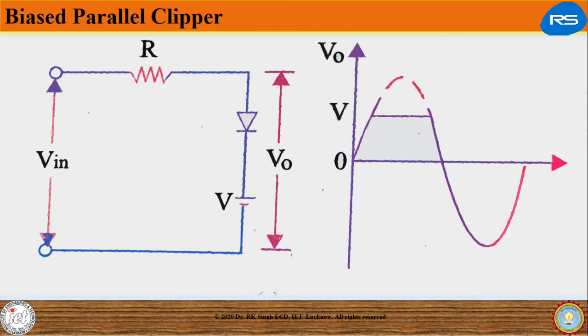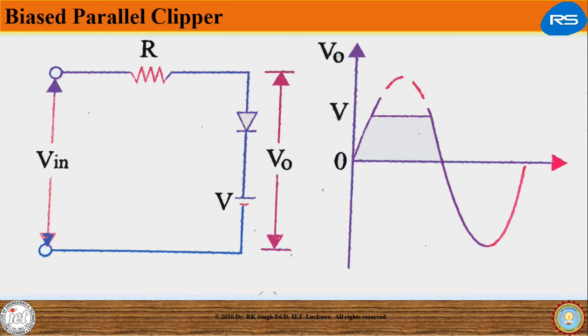As soon as Vin reaches V, we get output equal to the DC bias voltage. Now if the input supply voltage goes below this DC voltage supply, then the diode goes into the off condition and we will get output like this.